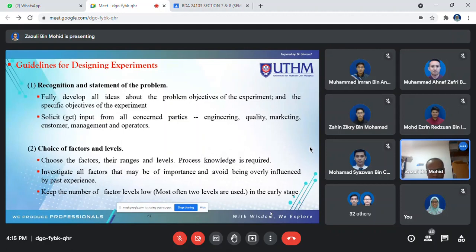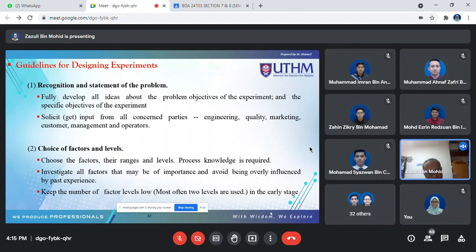So then we have to select the factors, and we also have to determine the ranges that we want to study, and we have to look at all of the factors that could give effect on the output.